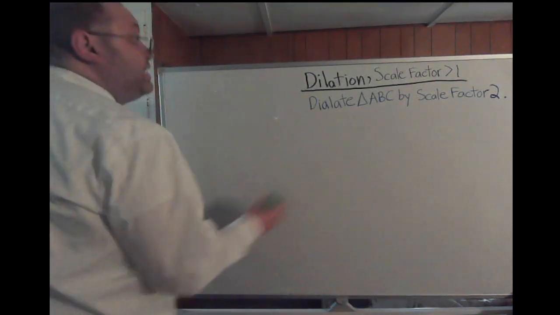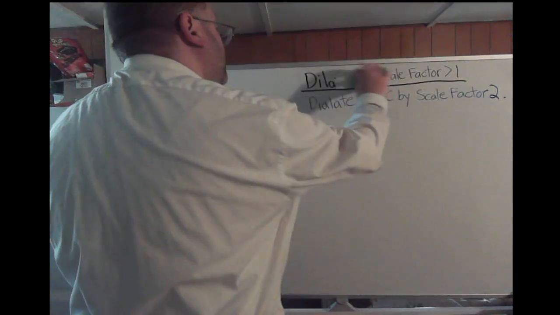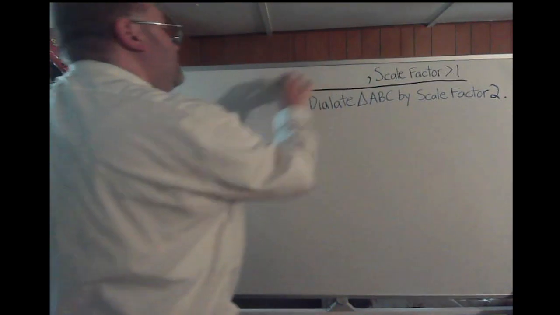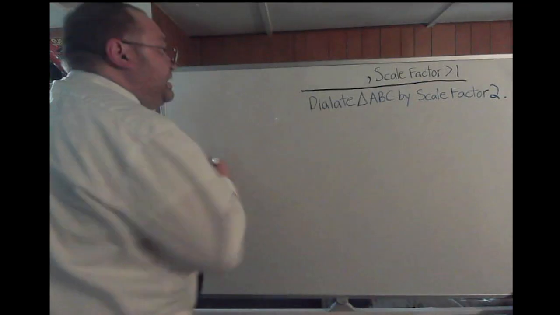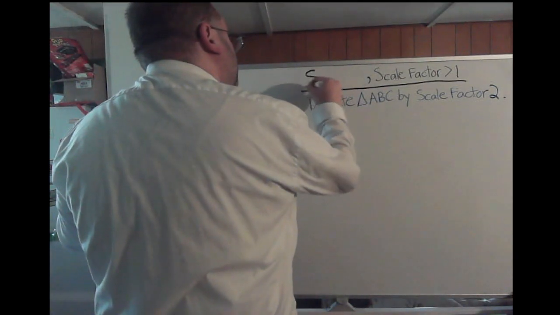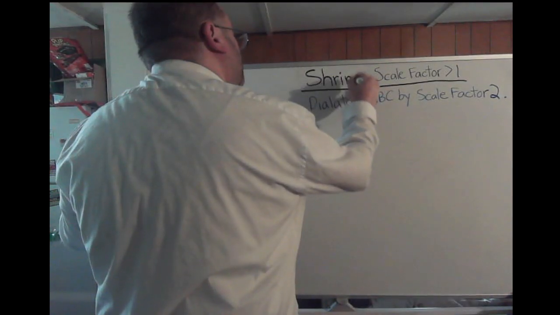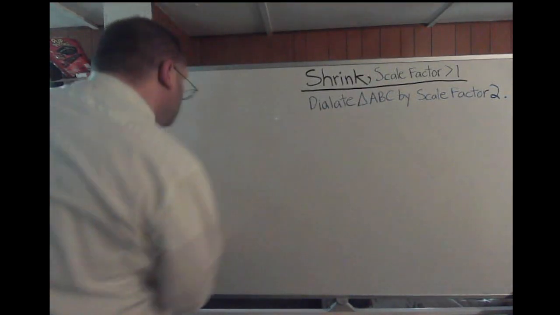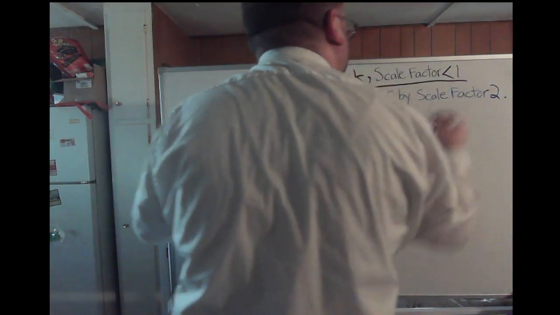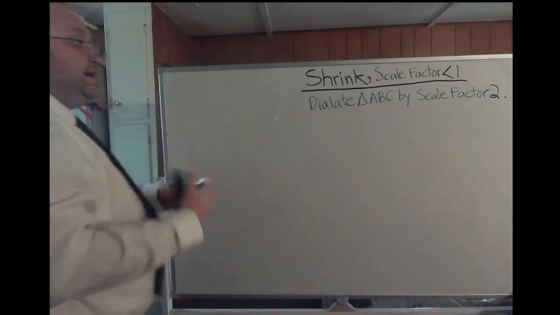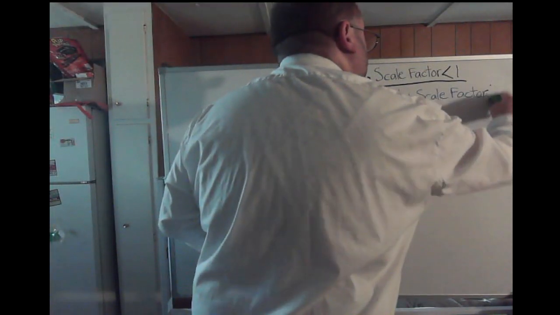A shrink, on the other hand, is going to be if your scale factor is less than 1. So this time, let's change that sign around. Let's make it less than 1. So if your scale factor is less than 1, you have a shrink.